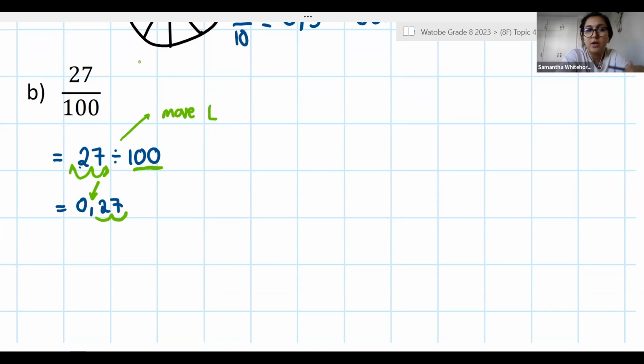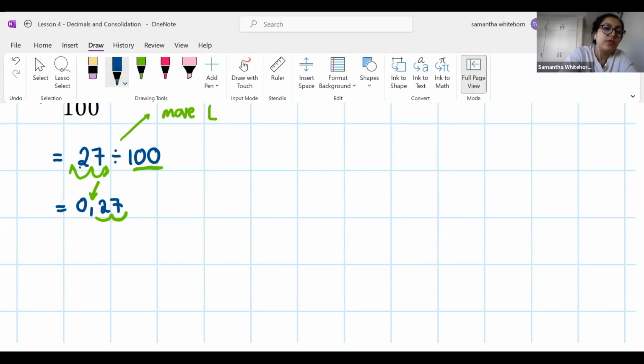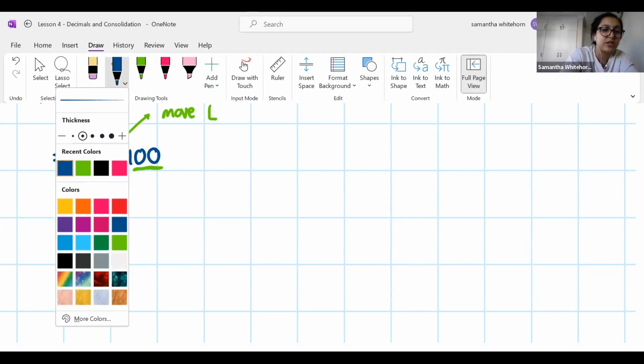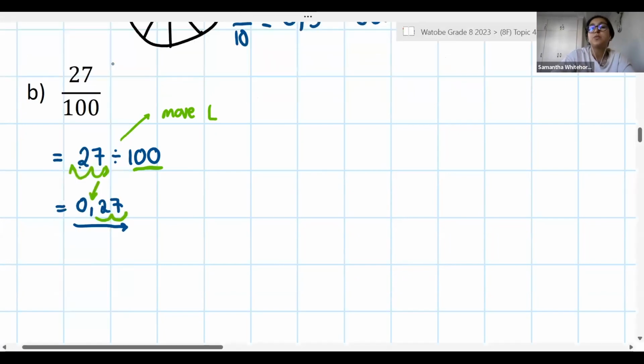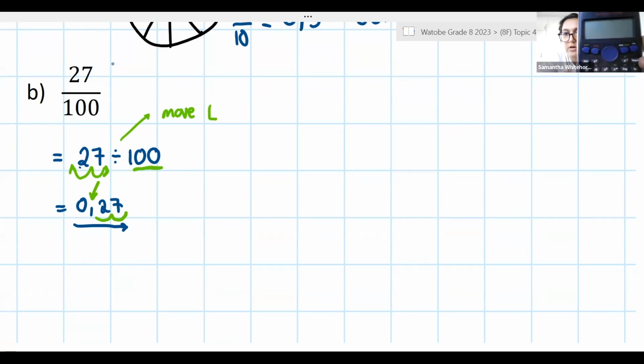Righty, so when we're converting these fractions to decimals, we always want to try and have a denominator that is a multiple of 10, because it does make our life a whole lot easier, especially if we're not allowed to use a calculator. If you are allowed to use a calculator, let me just show you what you would do. If we've got 27 divided by 100, our calculator automatically gives us the fraction answer.